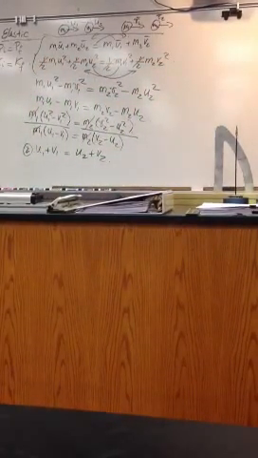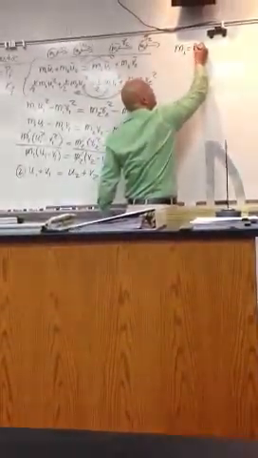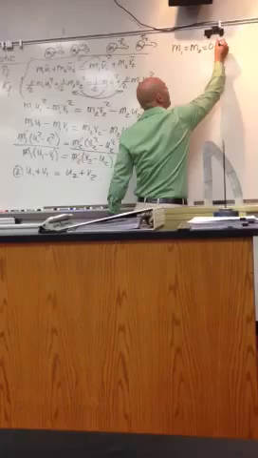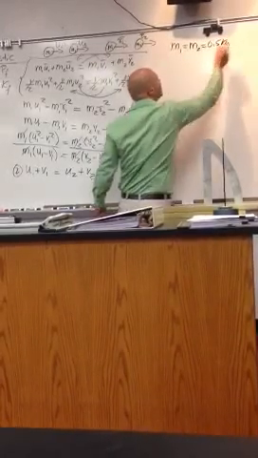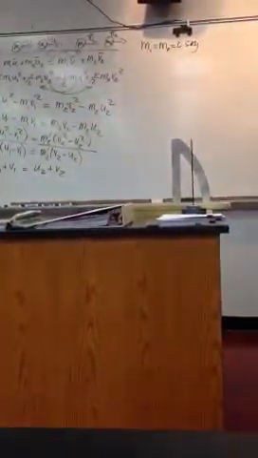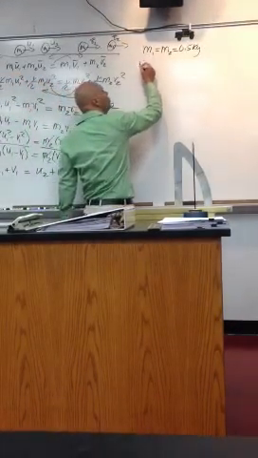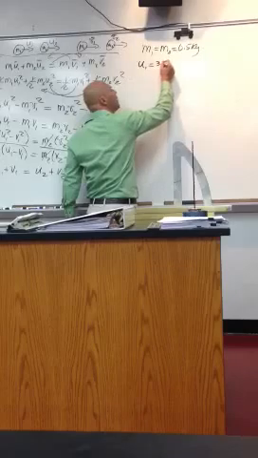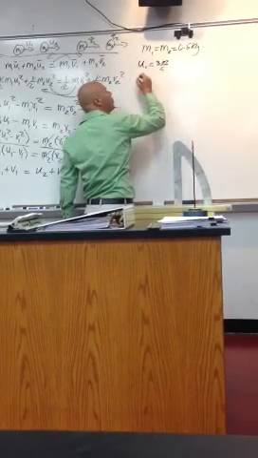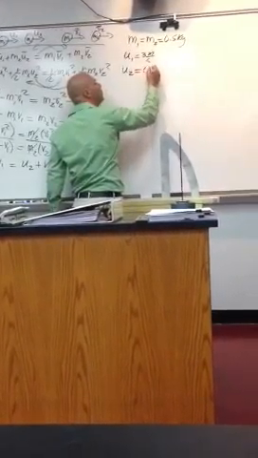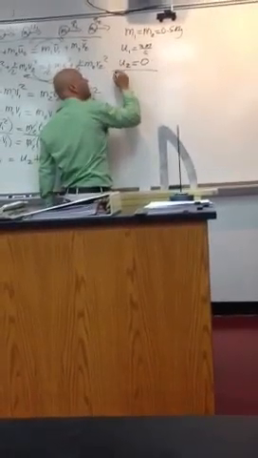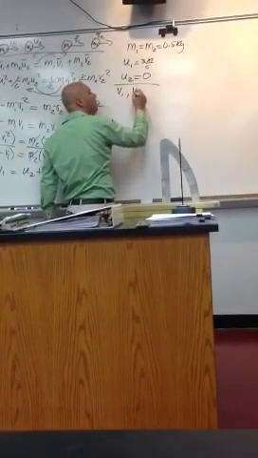Imagine that I give the mass of the objects: M1 is equal to M2, which is equal to 0.5 kilogram. V1 or U1 is 3 meters per second. U2 is 0. Find V1 and V2.